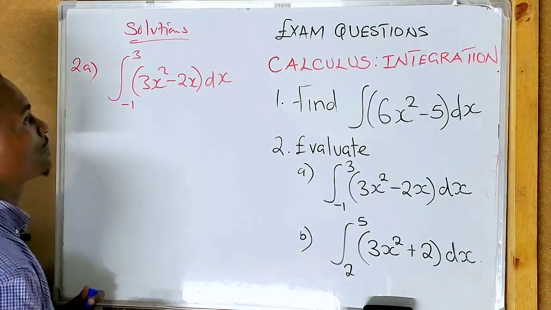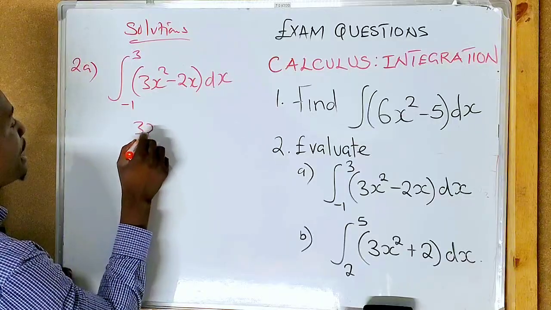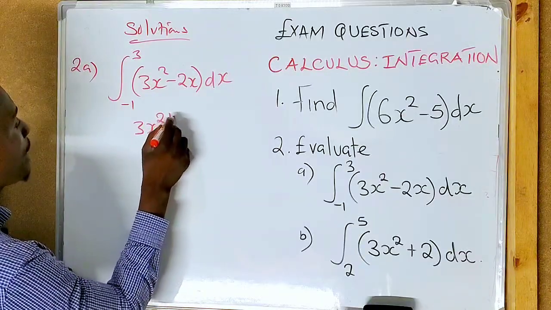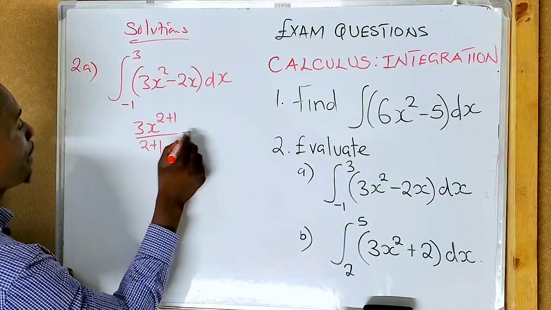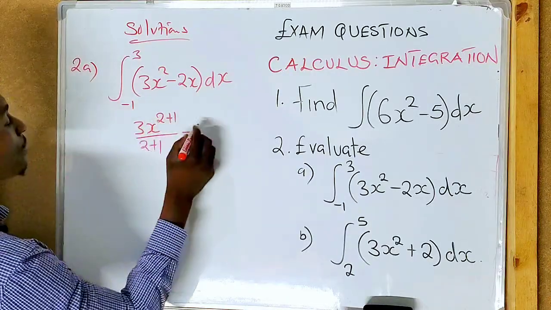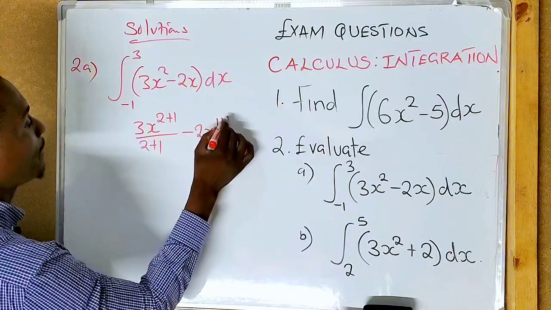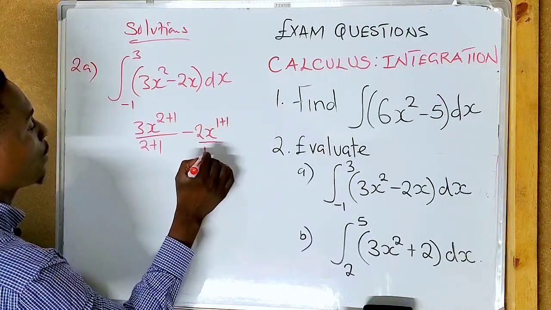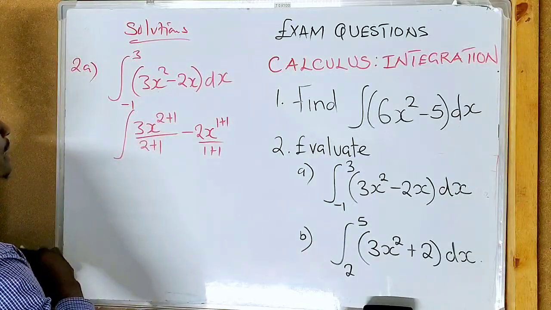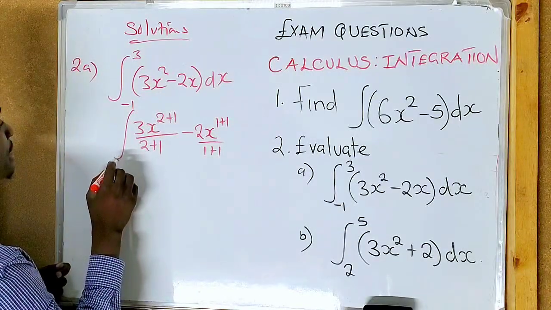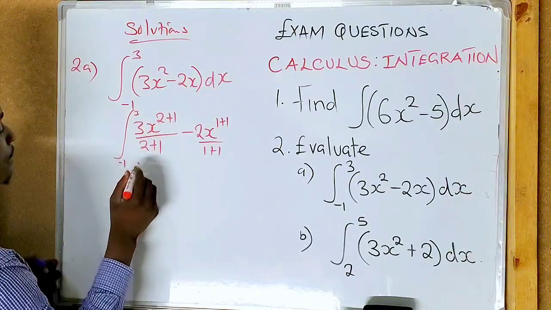So this will be 3x to the power 2 plus 1 over 2 plus 1 minus 2x to the power 1 plus 1 over 1 plus 1. Don't forget that we have the upper limit as 3, lower limit negative 1.